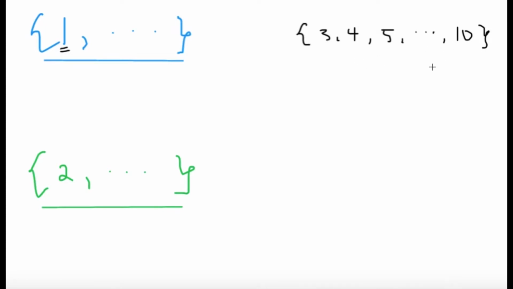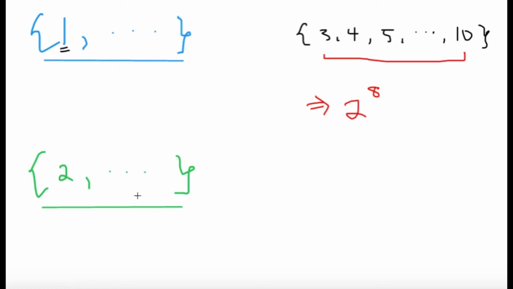That is equivalent to getting the number of subsets in this set containing 3 to 10. Therefore, all we have to do is use the formula 2 raised to the number of elements to give us the number of subsets. We have 8 elements from 3 to 10, so we have 2 raised to 8 for the first case. So there are 2 raised to 8 subsets that contain only a 1 and not a 2.